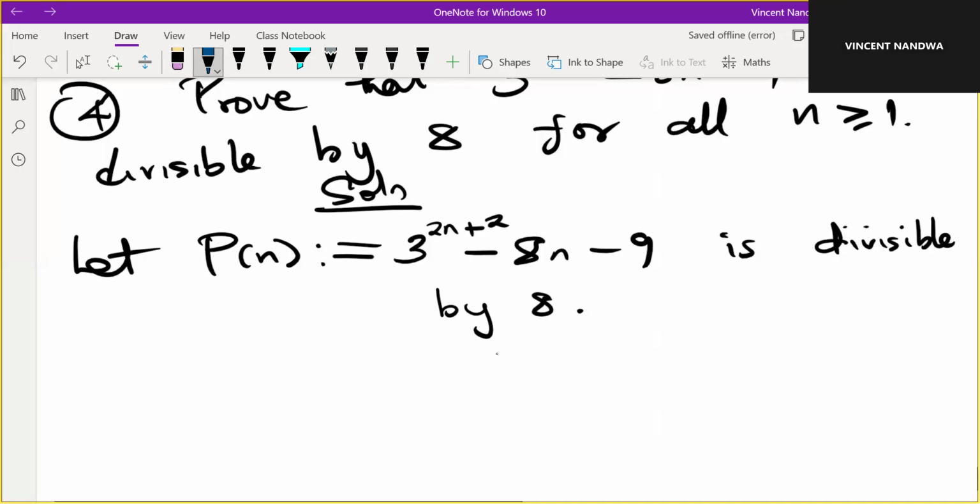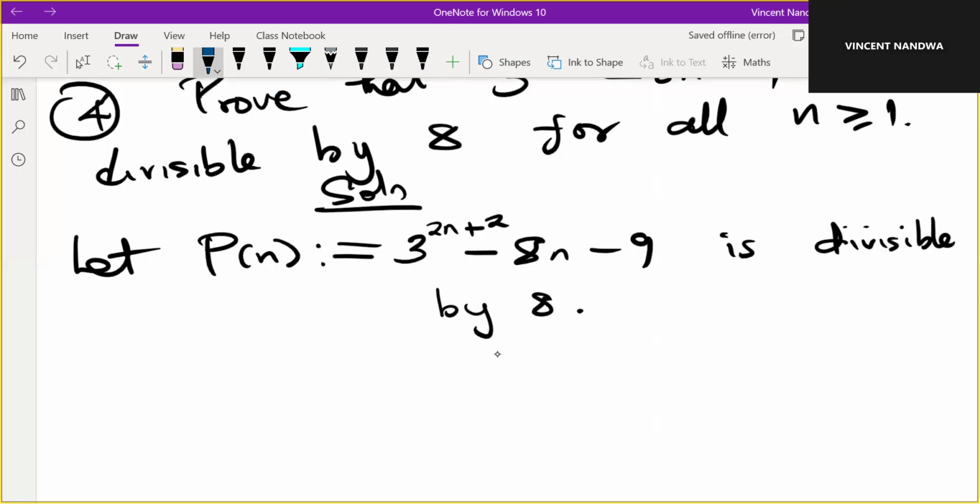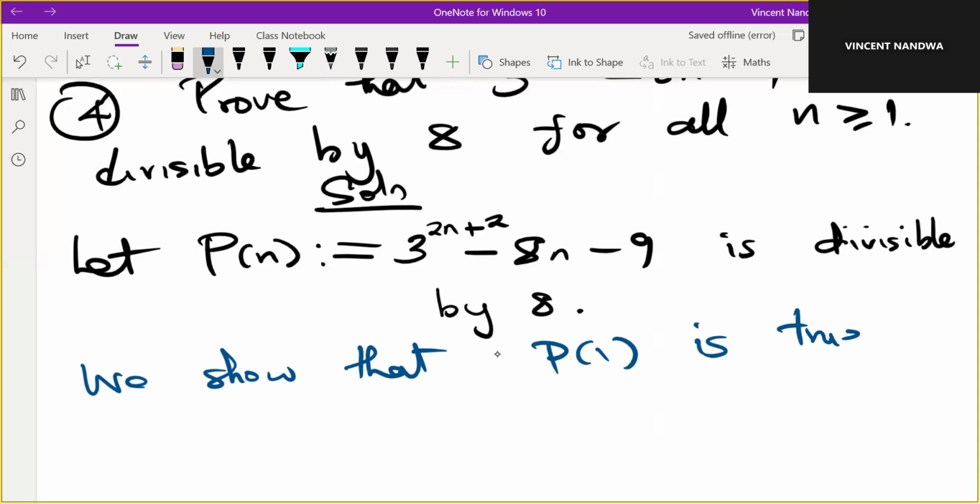So what is the first step? Once we have our P(n), we show that P(1) is true, okay? So P(1) is true means that where there's n, we put 1 and see whether the expression 3^(2n+2) - 8n - 9 is a number which is divisible by 8.